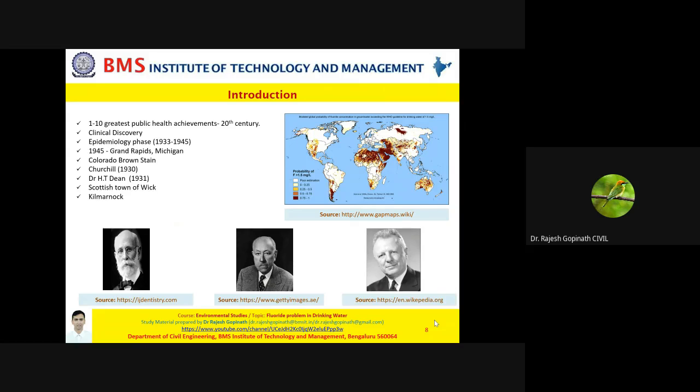Friends, more than 200 million people around the world drink water which has fluoride of more than 1.5 ppm. In fact, if you look at the world map, we have at least 4 fluoride belts, wherein the concentration of fluoride is extremely high.